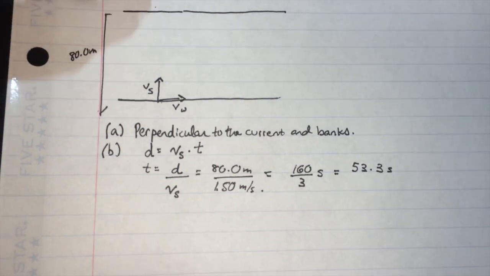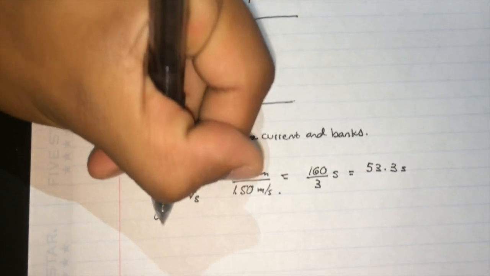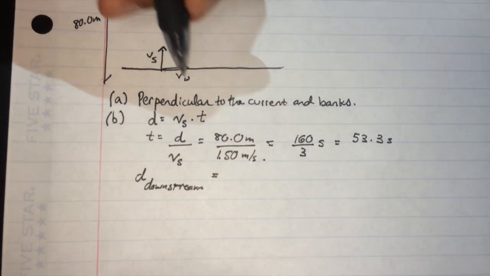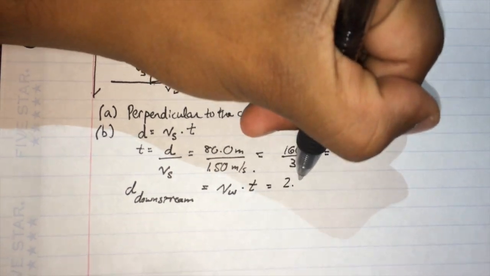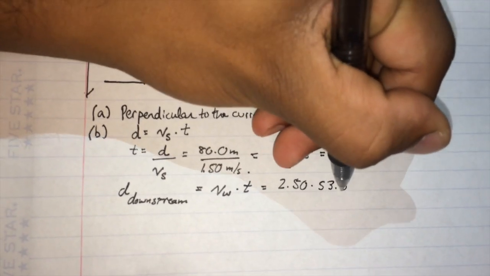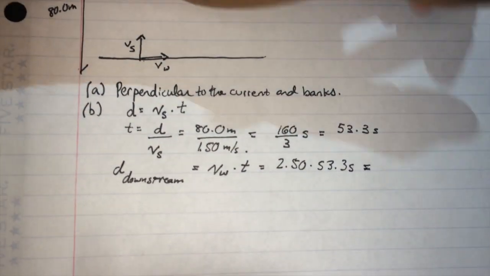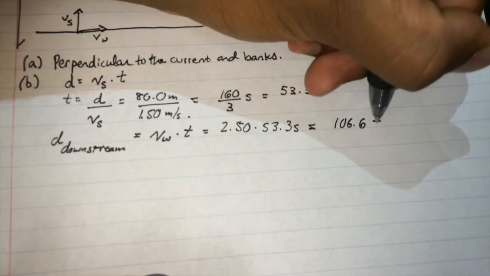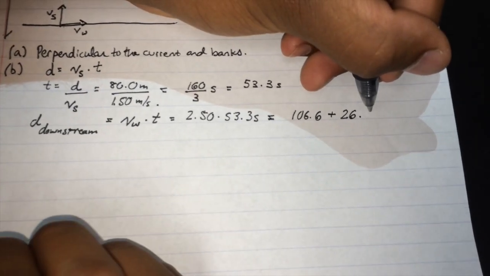Next, we will use this time to figure out how far downstream we move. I'm going to call this distance downstream because it's a different distance calculation. That's going to be equal to VW times the time. So that's going to be 2.50 times 53.3 seconds. And that will give us a value of, I'm going to calculate this out by hand, 106.6 plus 26.65.